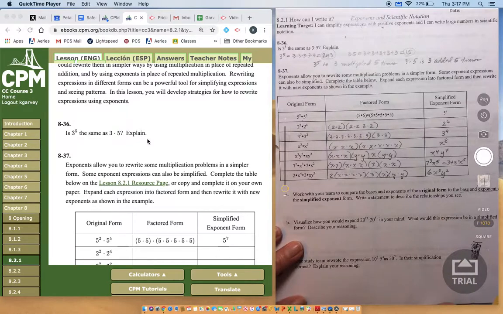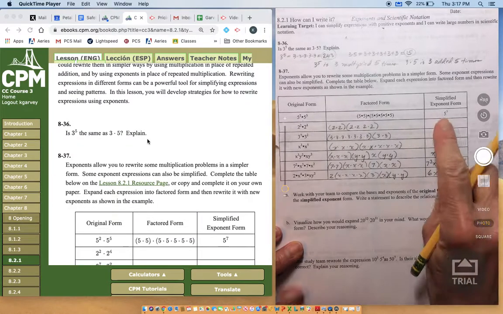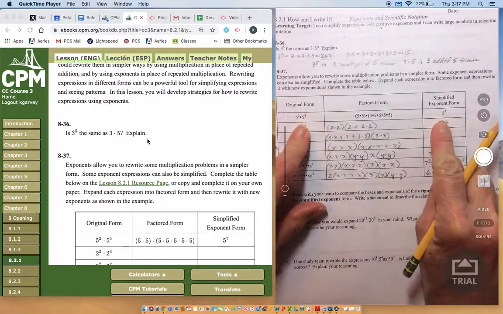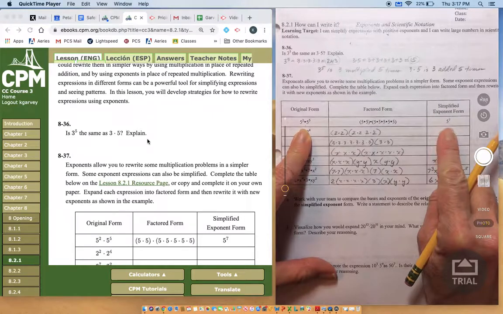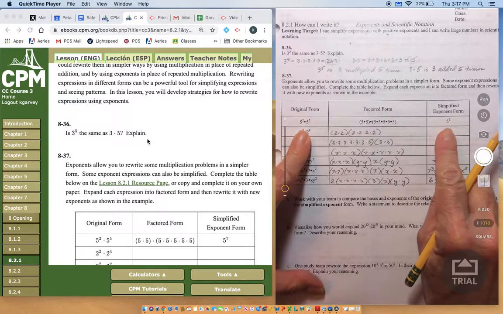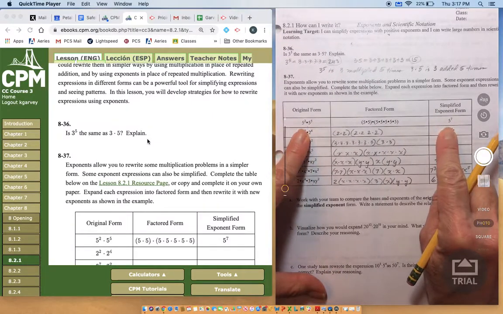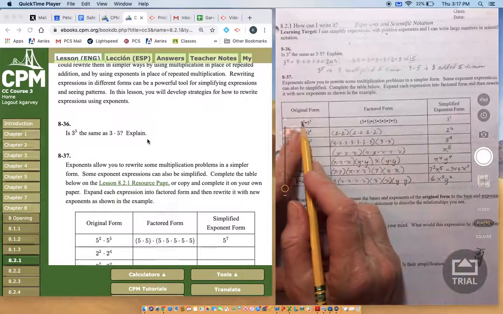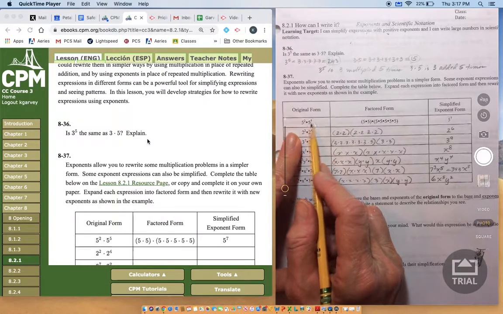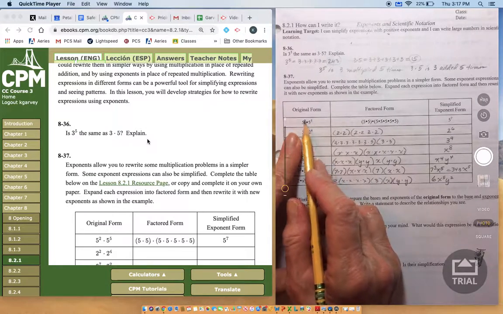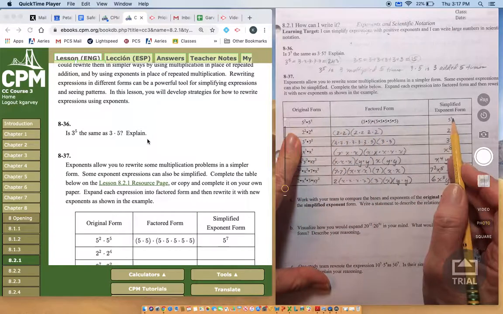All right, you've had a chance to look at the original form and the simplified form and compare these two. And probably what happened when you did that is that you noticed that the bases would stay the same, but the exponents, 2 and 5, when you're multiplying these, the exponents themselves can just be added up.